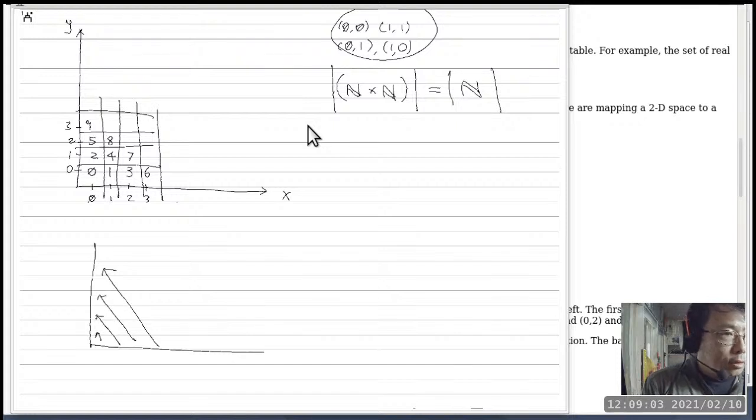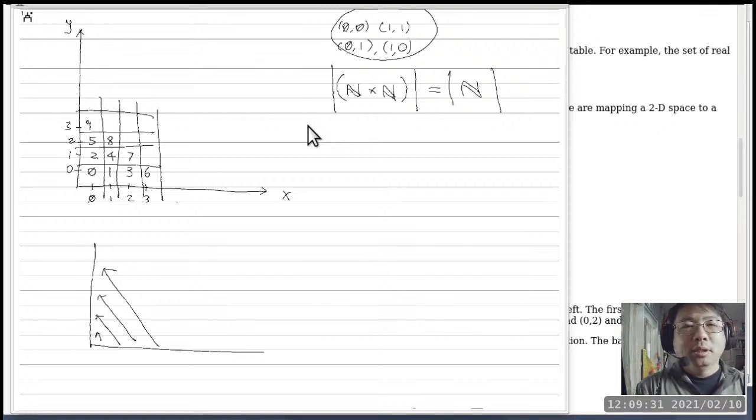So the question is, is the benefit of going diagonally the time complexity of the algorithm, or is it something else? It's just one way to do it, because all I need is a way to map the pixels to natural numbers. And this turns out to be potentially one of the many ways to do it.